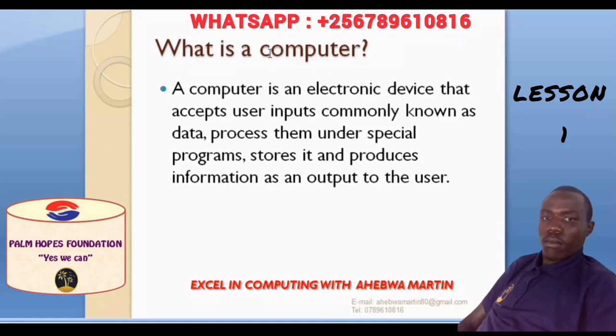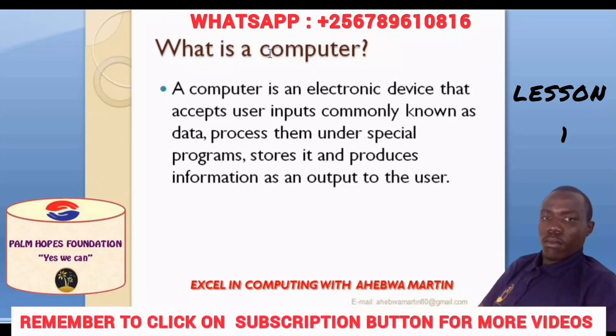We are going to say that a computer is an electronic device that accepts user inputs, commonly known as data, processes them under special programs, stores it, and produces information as an output to the user. That is what we call a computer.